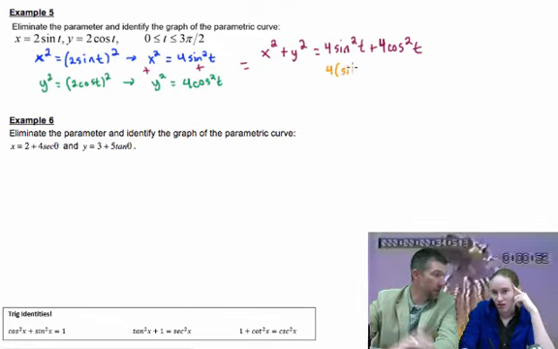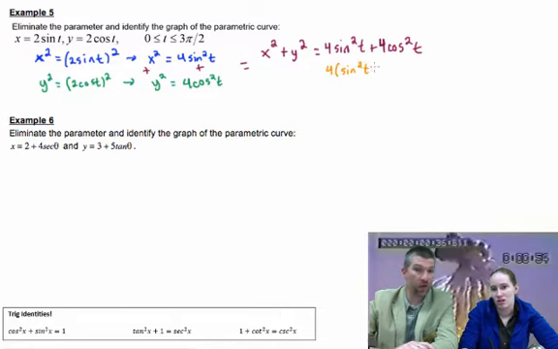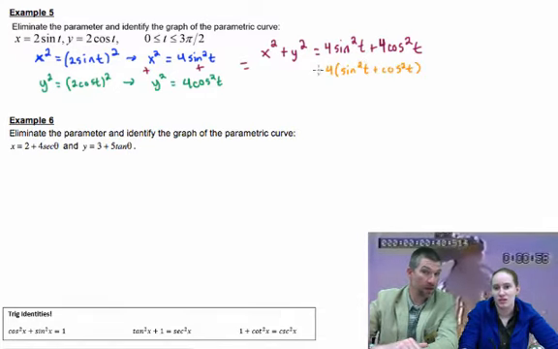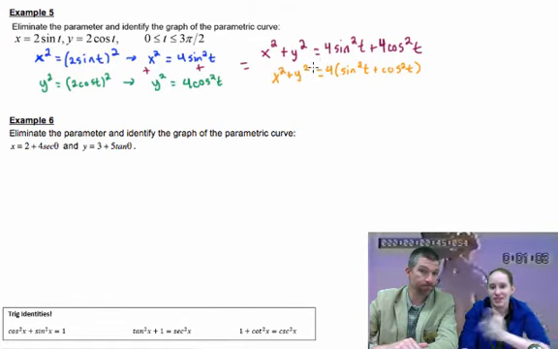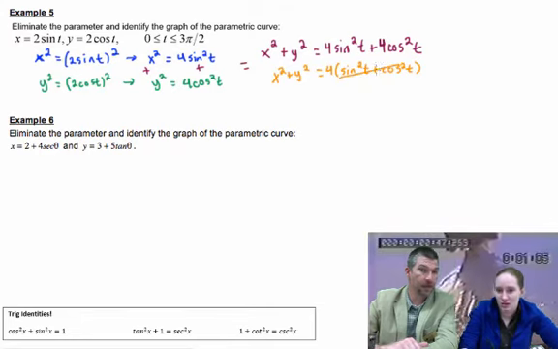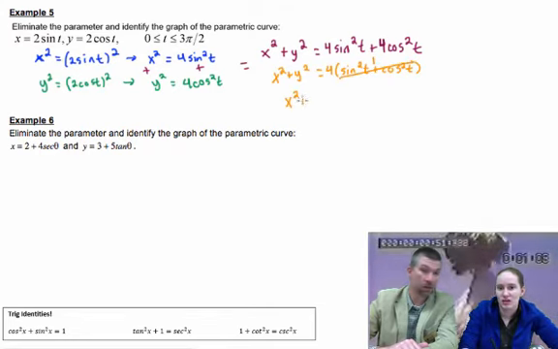Remember, anytime we can get sine squared plus cosine squared, we have 1. And anytime we have 1, we can have sine squared plus cosine squared. They are interchangeable. Look what happened. Sine squared plus cosine squared is 1. That goes away and becomes 4 times 1, which is just 4. So x squared plus y squared equals 4.